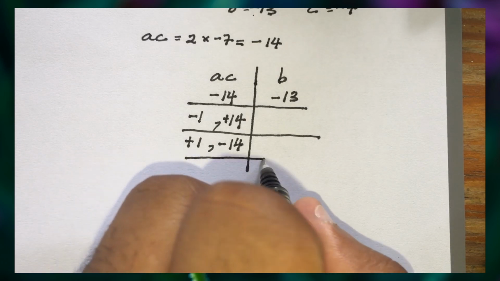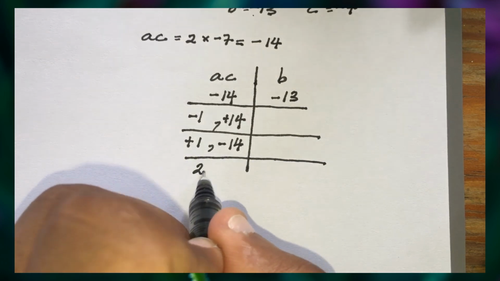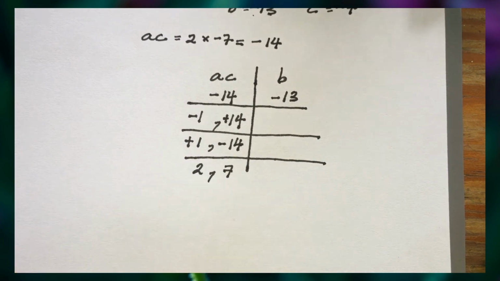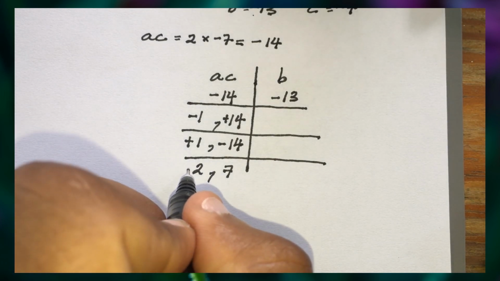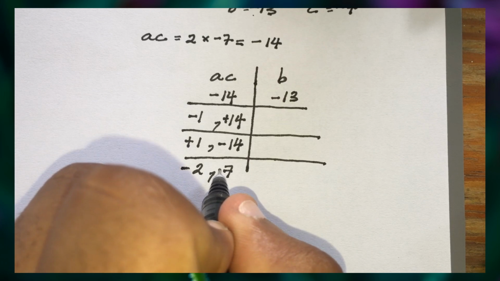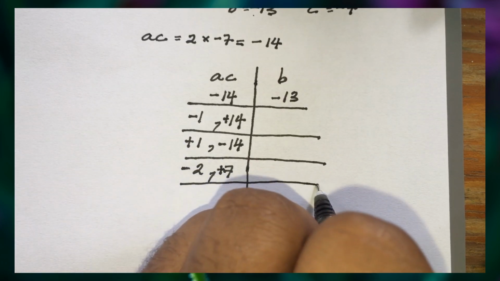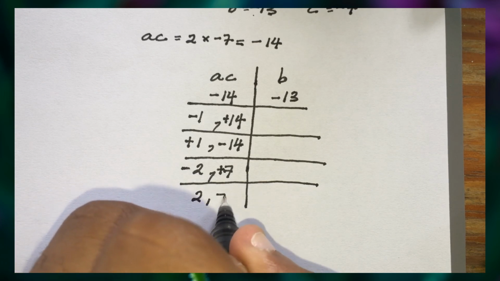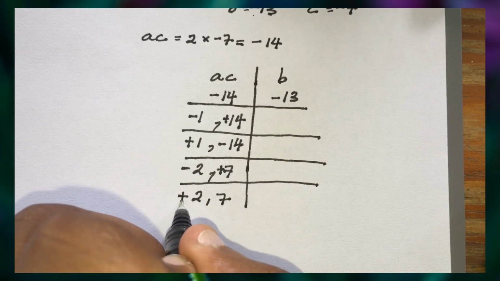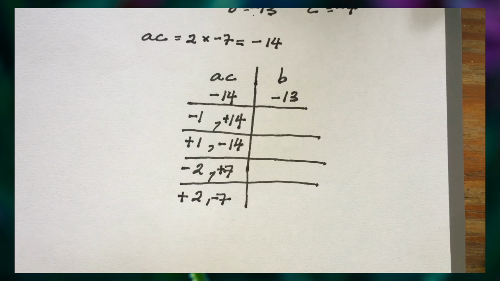Other factors of negative 14 include 2 and 7, where I keep 2 negative and 7 positive, and then 2 and 7 again, but this time 2 is positive and 7 is negative.